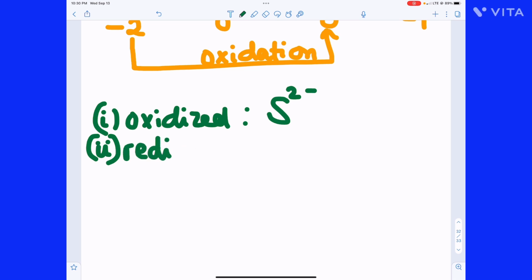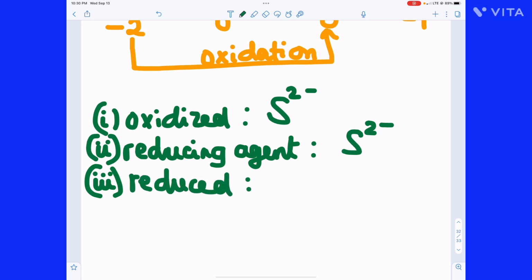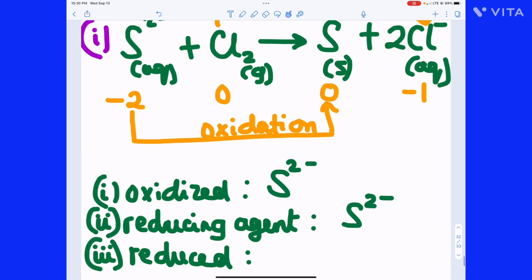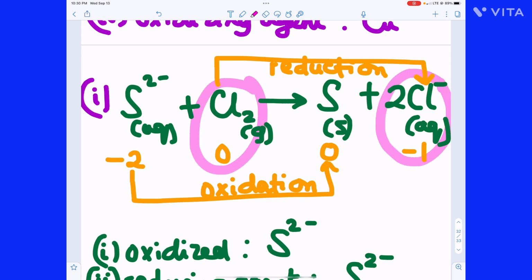What substance is the reducing agent? It's also the sulfide ion. What substance is reduced? The substance reduced is the one that has its oxidation number decreasing.